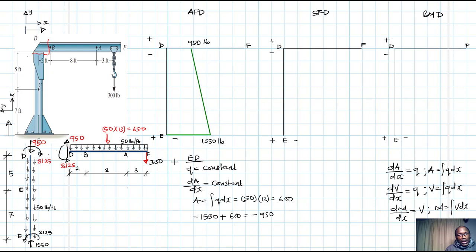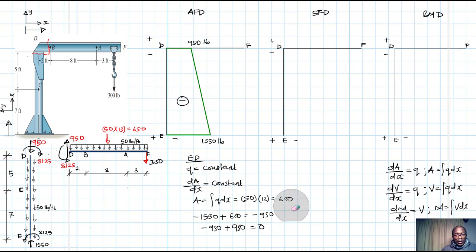When we reach D, we have another force in the opposite direction. Therefore, we have minus 950 plus 950 equal to 0, and hence closure. So this has to close. This is negative. So let's go to the shear diagram.